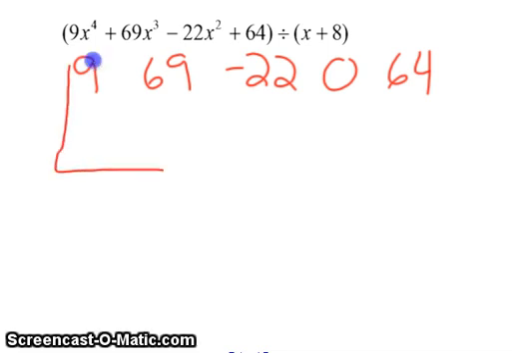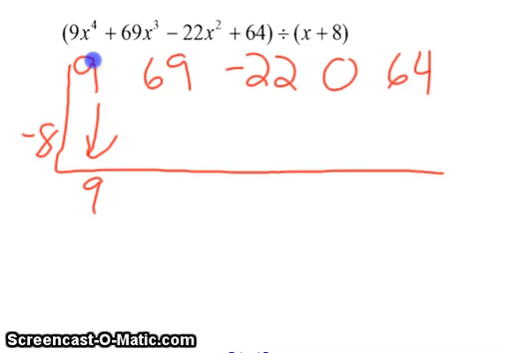Alright, so I'm going to do my upside down long division, taking the opposite of the 8. I'm putting the negative 8 here. Draw my arrow, bring down 9. And then I'm going to multiply. 9 times negative 8 is negative 72. 69 plus negative 72 is negative 3.